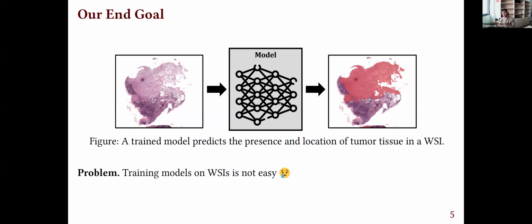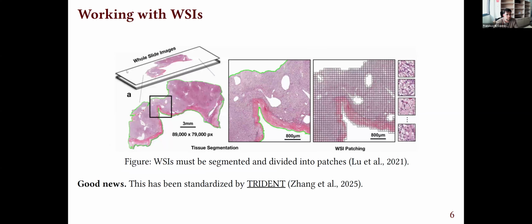The problem is that working with whole slide images, as you're going to see today, is not easy at all, and I would like to explain why. When we work with whole slide images, we have to be clear that these images are very large.